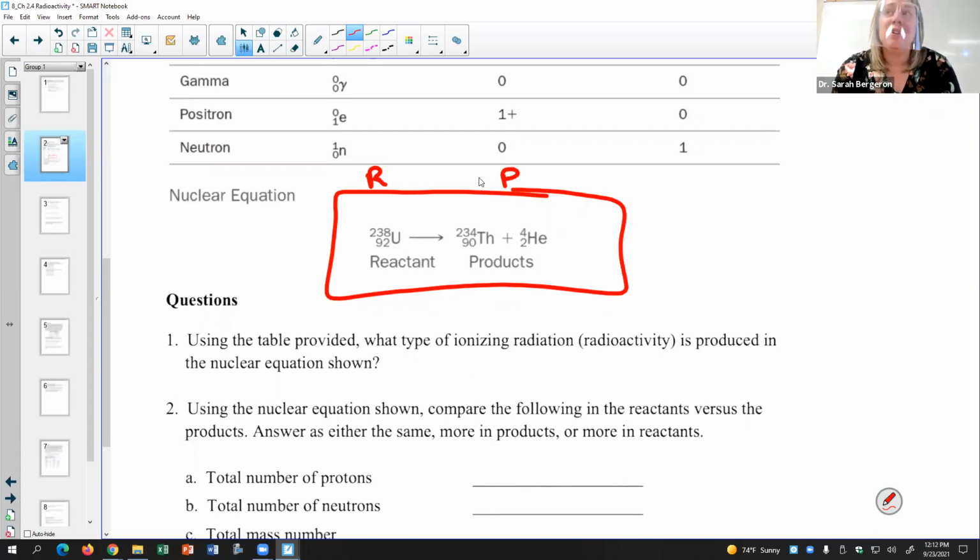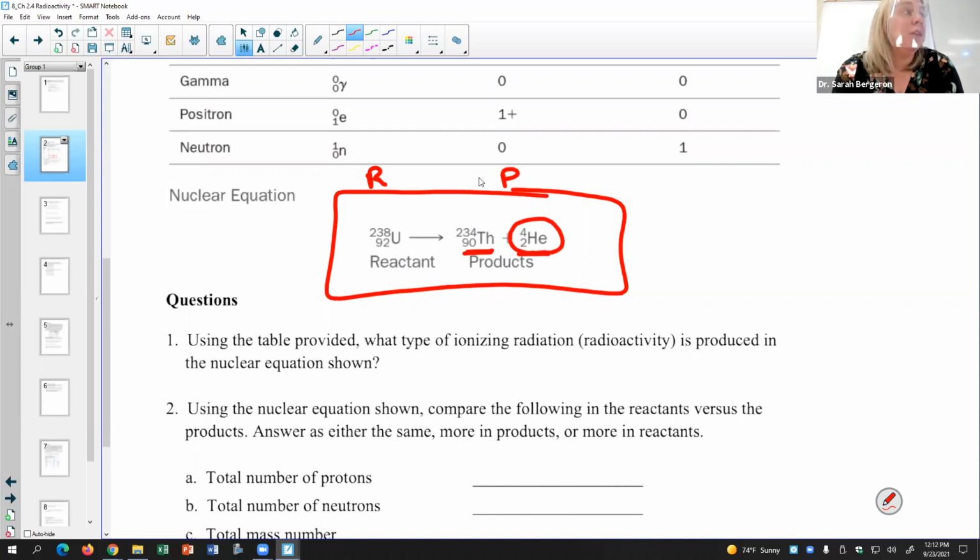Okay, we have two products. One product is thorium-234. The other product is a helium nucleus. Which one of these two is going to tell me what type of radiation is happening? The helium nucleus, right? Because you could do the math and figure out that you were producing a helium nucleus.